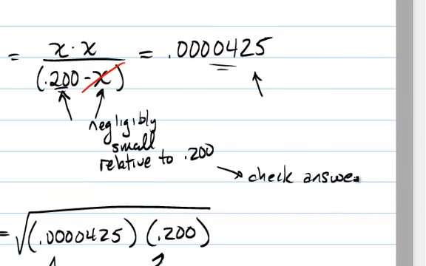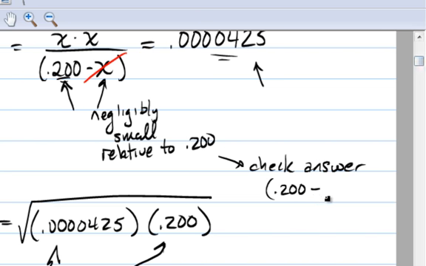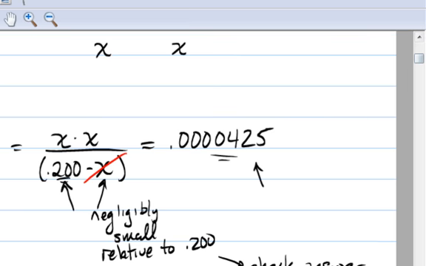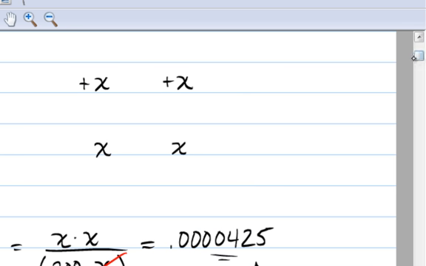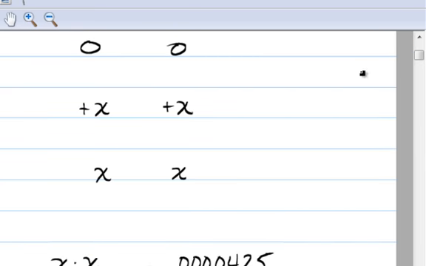Answer. 0.200 minus, our answer was 0.0029, and that would work out to be about 0.197. So that's maybe about 1.5% the value of 0.200, and you'll see anything less than 5% is an acceptable percent ionization with which you can neglect X relative to the initial concentration.